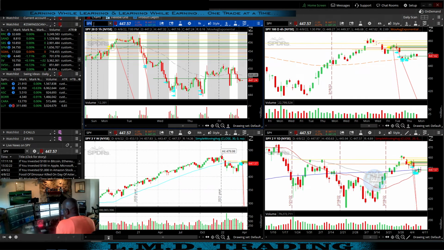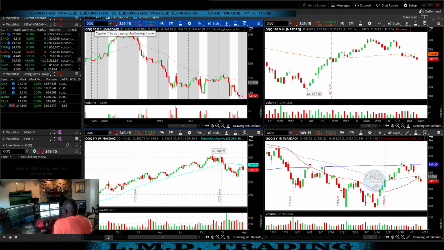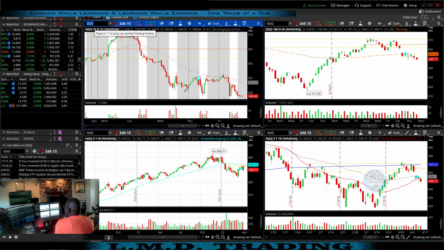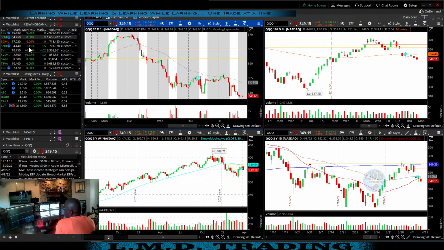So look at the Q. It should be the same because they pretty much trade the same way. Hourly is in a downtrend, so short term, we're in a downtrend. Flat on this one. Downtrend on the weekly. Flat on the daily. So we see that the market is fairly down or flat, while these stocks on our swing scan are looking good.